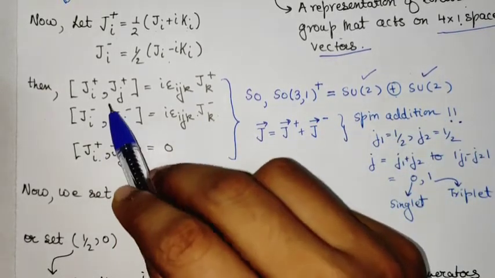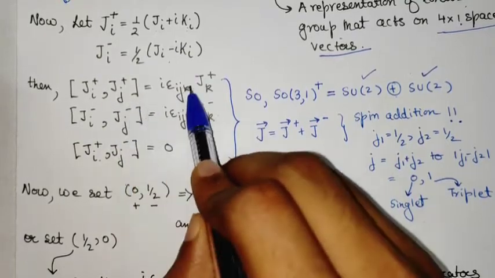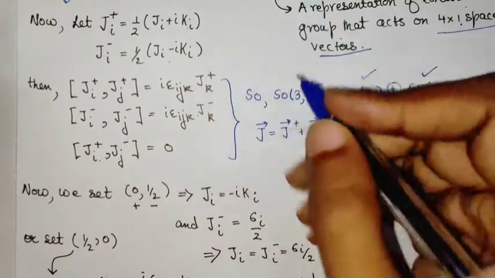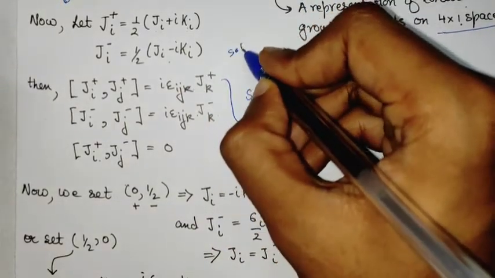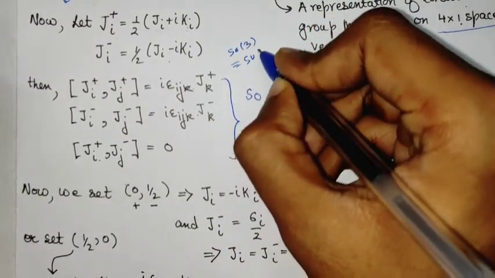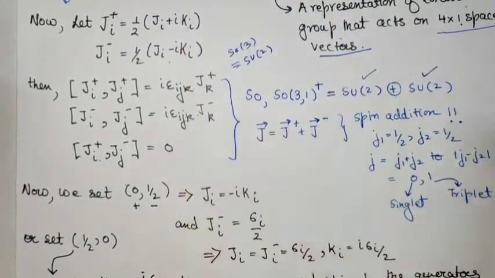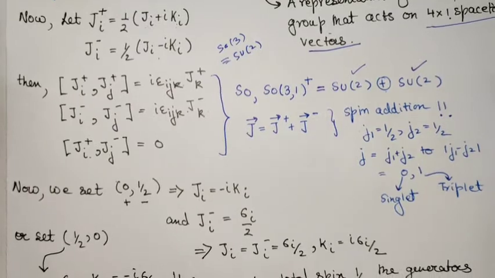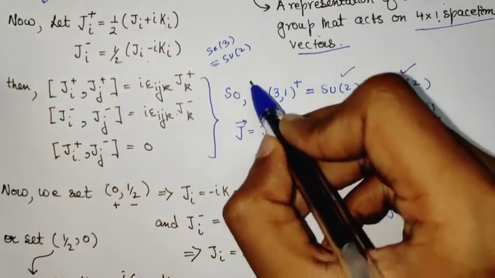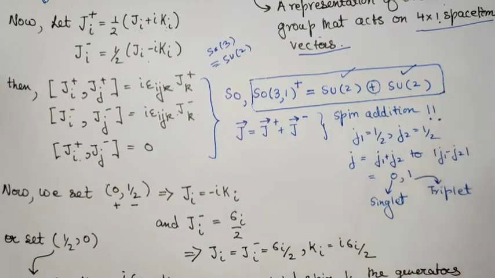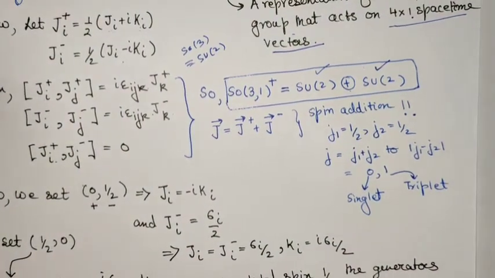The point is, this can be an SO3 algebra also, but SO3 and SU2 algebras, at the algebra level, not at the group level, are the same. But once we have this kind of relation, we can connect it with something that we know.